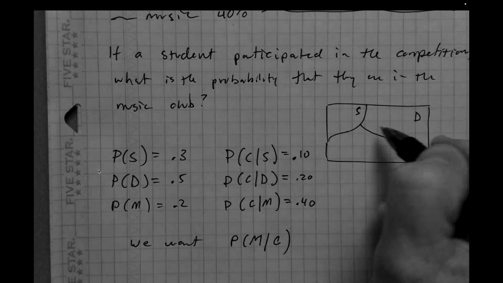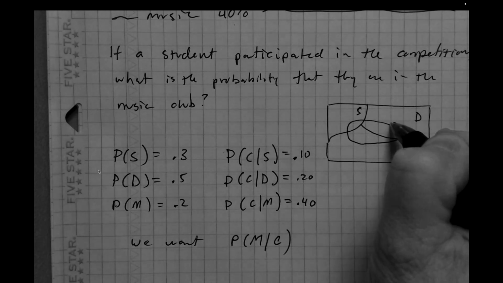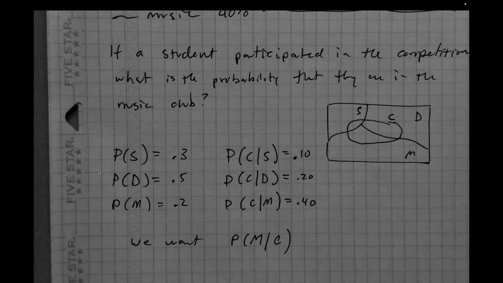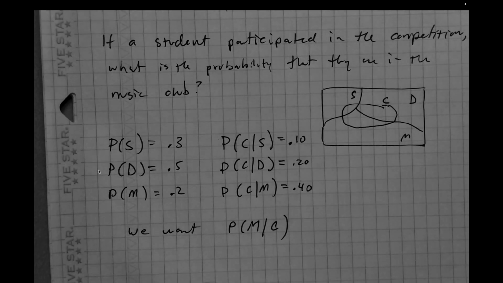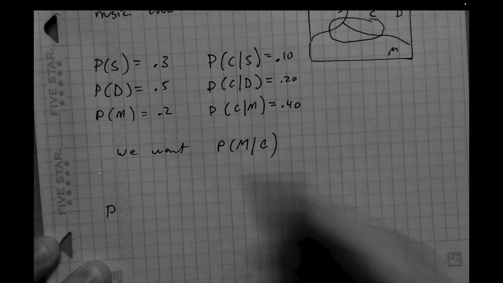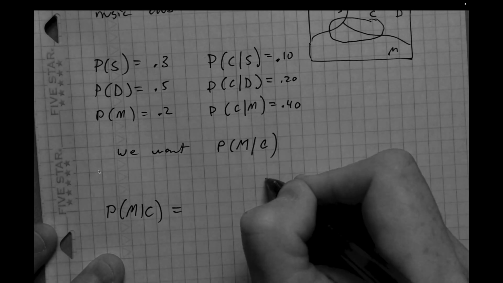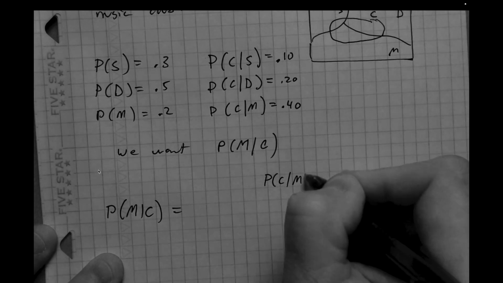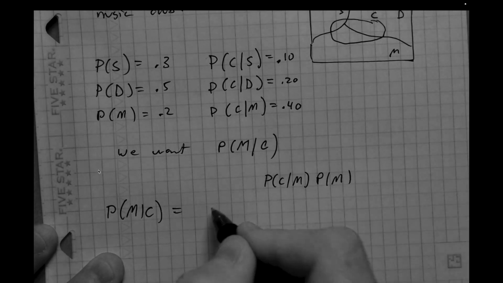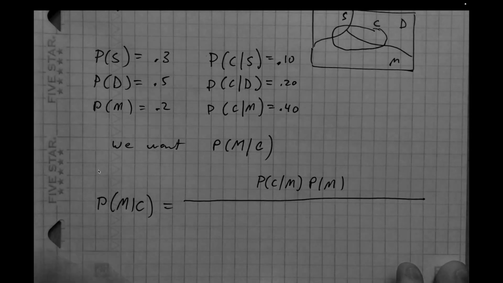Okay, so you could kind of think of the overlaying set as the competition set. So the picture kind of looks like this. In this case, the partition is 3. The previous couple of examples, we just had partitions of 2. All right, so what are we interested in? We want to know the probability of M given C. And so we know that that'd be equal to the probability of C given M times the probability of M, all of that divided by the total probability.